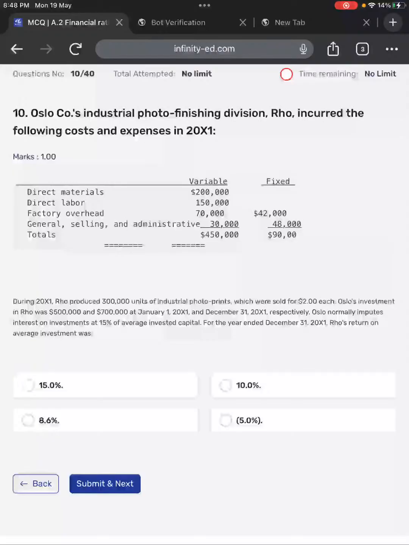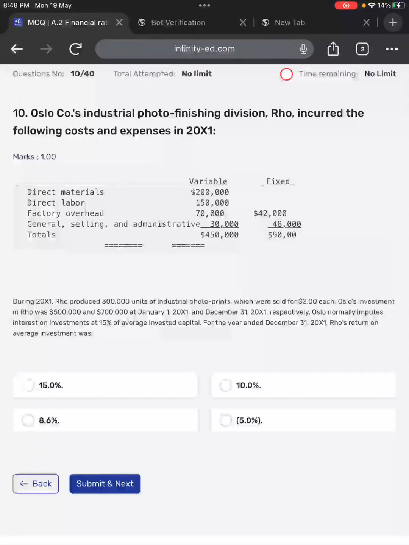Also investment, that is, investment was 5 lakh and 7 lakh at January 2001 and December 2001. It means we have to calculate average investment. Opening and closing is given, respectively. And normally interest on investment rate is 15%.